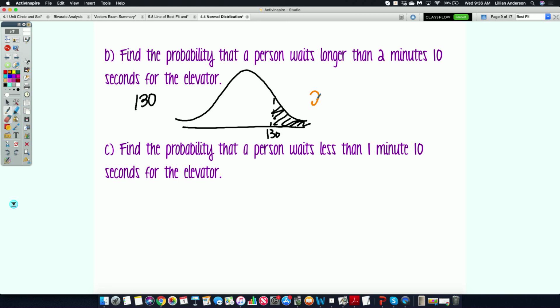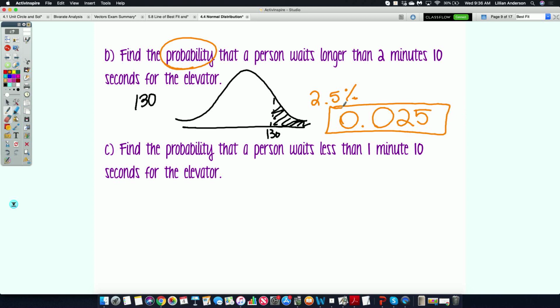So it would be 2.5%, but what is it as a decimal? Because it's asking me for the probability. Move it over 2. So 0.025? Oh, yeah. That's fine. There we go. I don't get how you got 2.5.